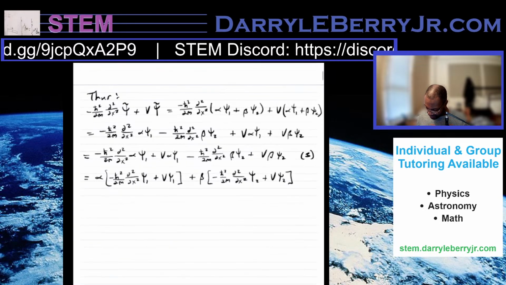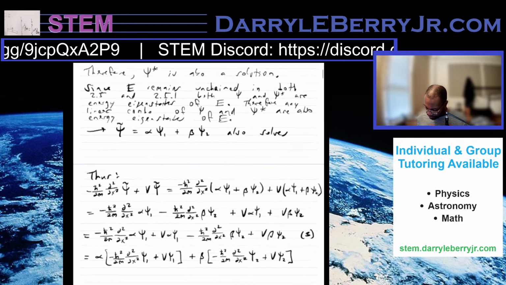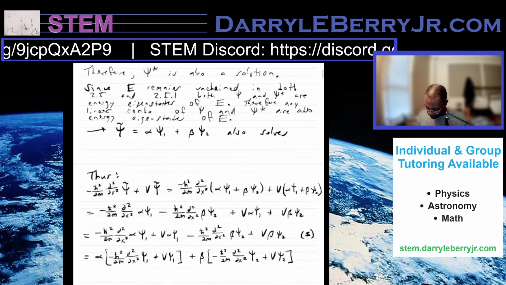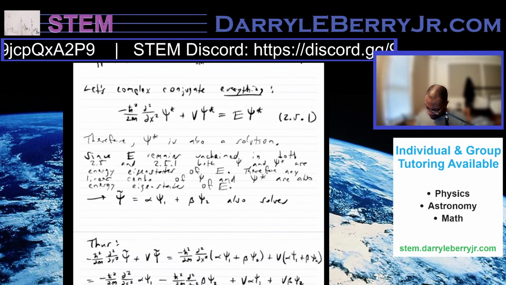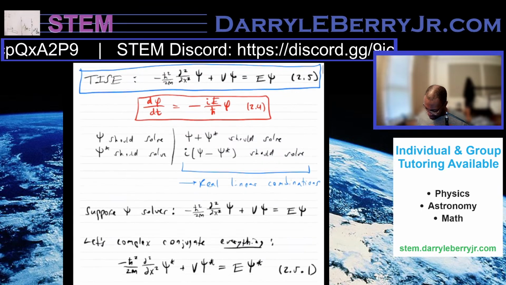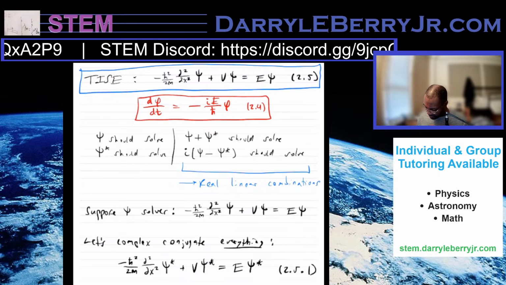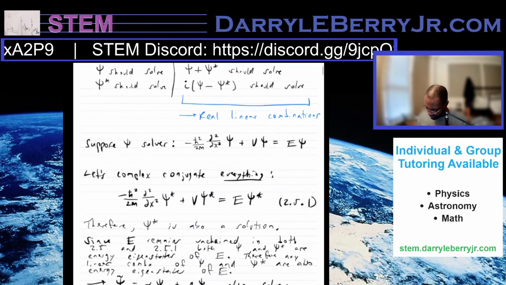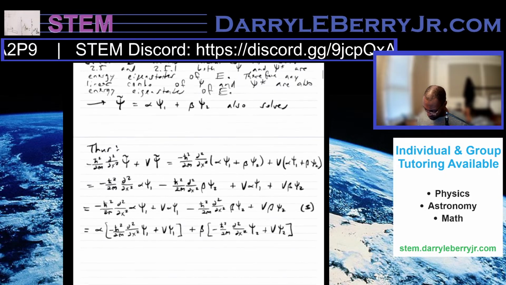So now I have the fact that any psi, so basically this is psi with no subcomponent. It gives E with no subcomponent. Psi star with no subcomponent gives E with no subcomponent.